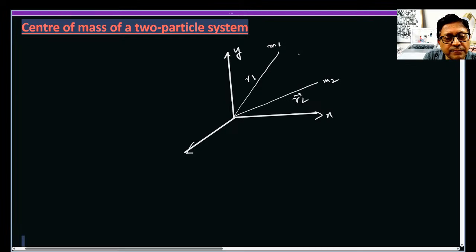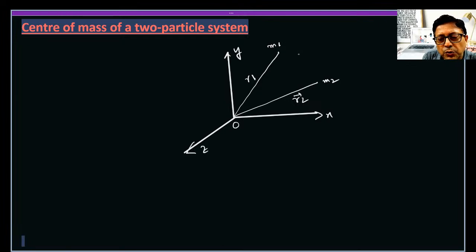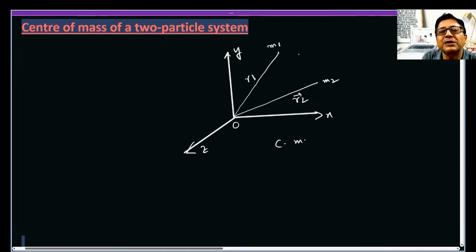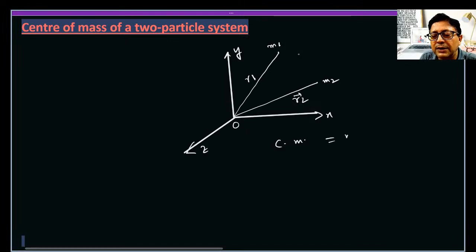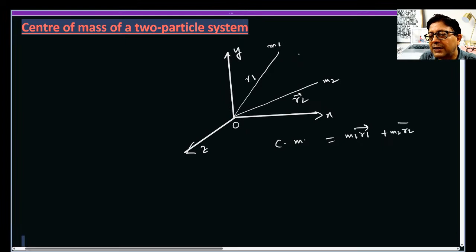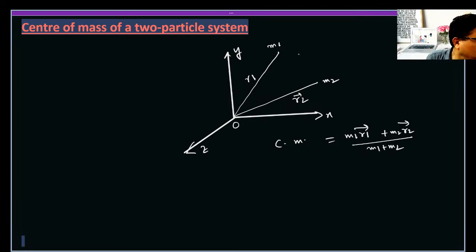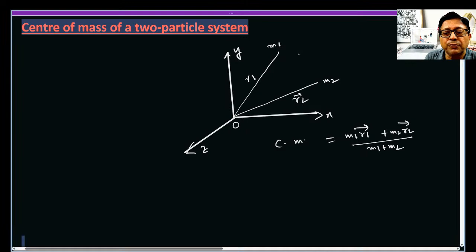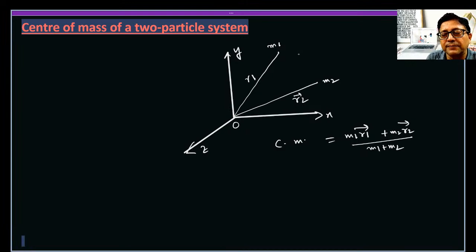Three-dimensional coordinate system. So center of mass of this two-body system is defined as M1 R1 plus M2 R2 by M1 plus M2. Okay, this is true for a two-body system. R1 R2 are the position vectors of the two particles.